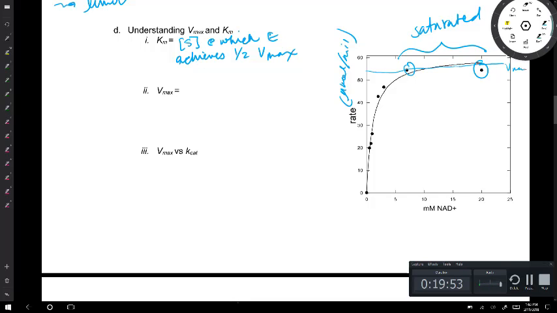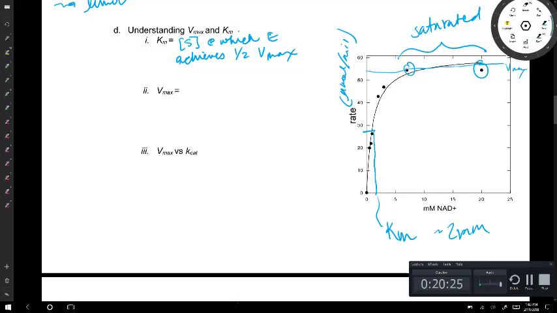So if we're approaching like 60, one half Vmax, 60 divided by 2, is around 30. And so we can go here on the x, draw a line over and then extrapolate down, and we can see here that our Km is probably around like 2 millimolar, 1 to 2 millimolar, somewhere in there.